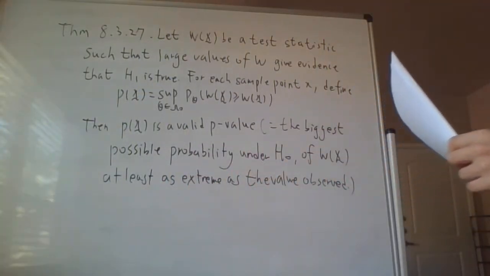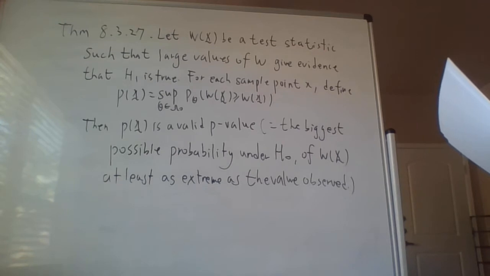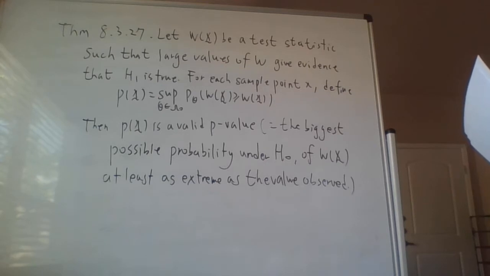the p-value is the biggest possible probability under the null hypothesis that W(X) is greater or equal to the realized value of the test statistic. So it is the biggest possible probability under H0 that the test statistic is as extreme as the realized test statistic.